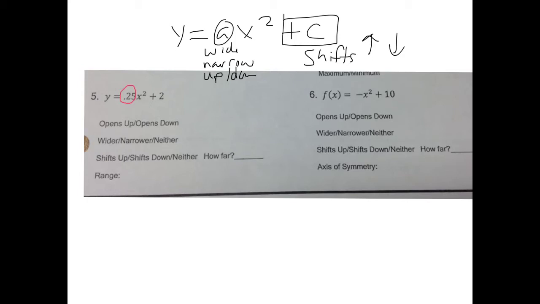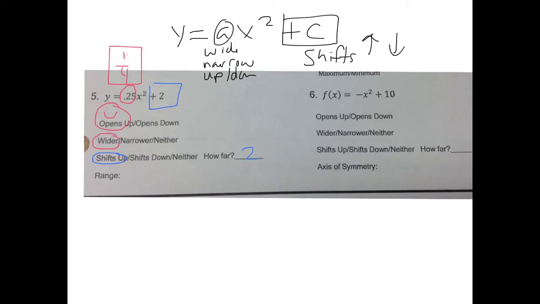Since that is positive, that is a smiley face, and that opens up. Wider or narrow? Because 0.25 is really the fraction 1/4, remember we said this is the amount they exercise, once every 4 days, and if you only exercise once every 4 days, you have the potential to be wider. The number on the end, the plus 2, is our shift. Since it's plus 2, that's going to be up 2.